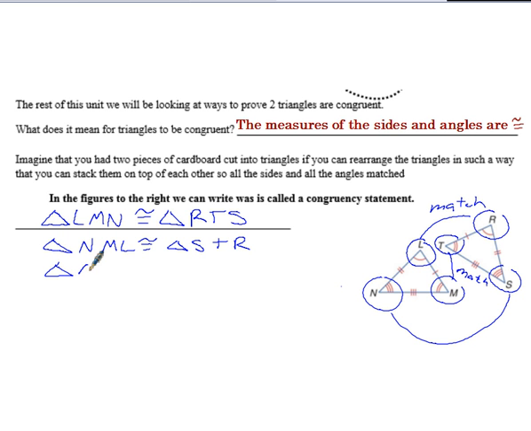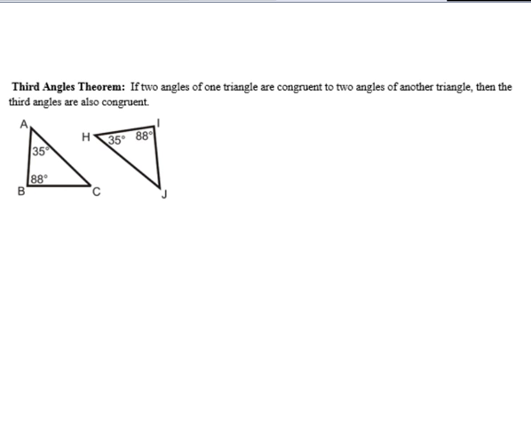So another example would have been MNL is congruent to triangle TSR. So these are just a couple of ways that we could write that. Did we have to start with triangle LMN? No, we could have started with triangle RST. Really doesn't matter. So those are congruency statements, and we're going to be seeing quite a bit of those the rest of the unit here.